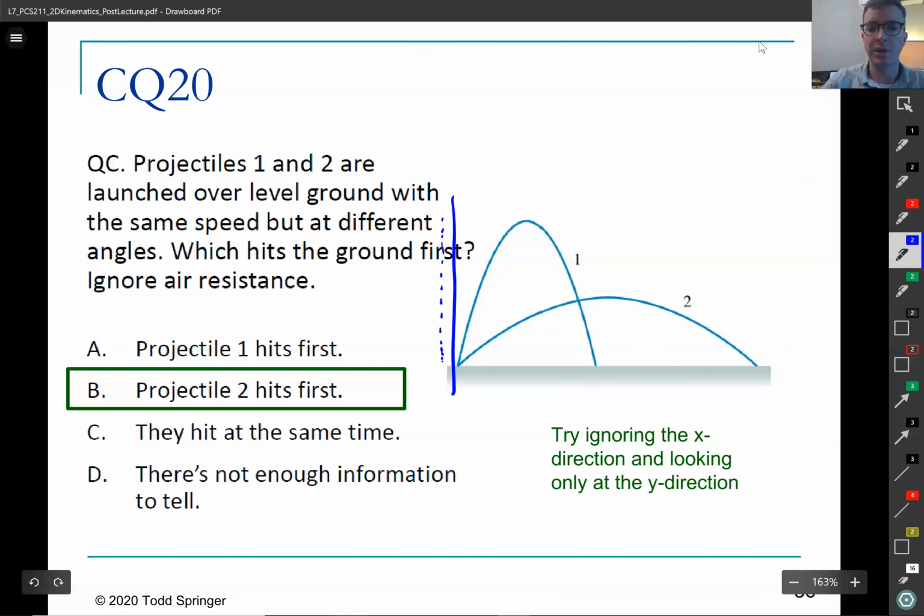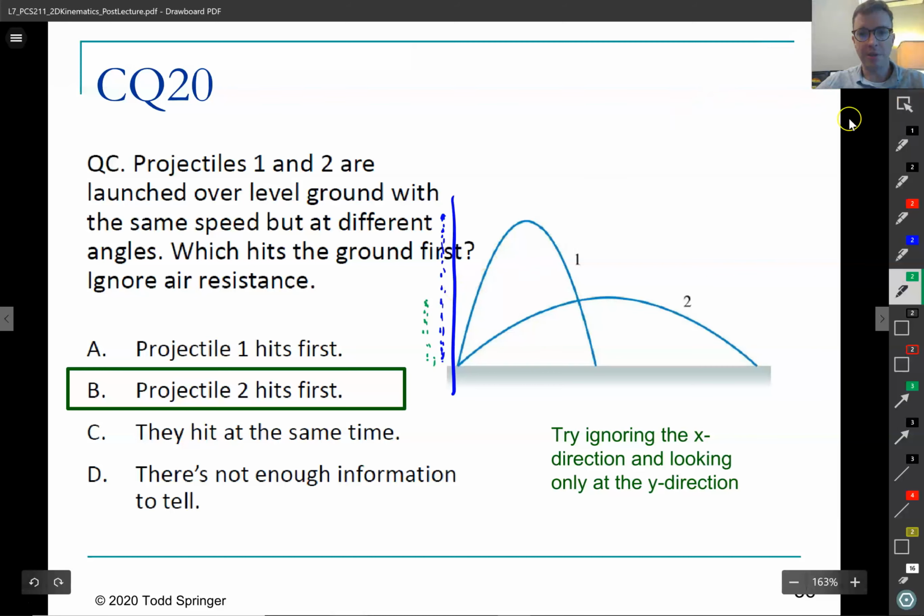Imagine throwing it straight up. It goes up to here and then comes back down. And ball number 2 would only go up to here and come back down. So if you launch them both at the same time, it's pretty clear that the one that you throw with an initial y velocity which is bigger will hit the ground later than the one that you launched with the lower y velocity.